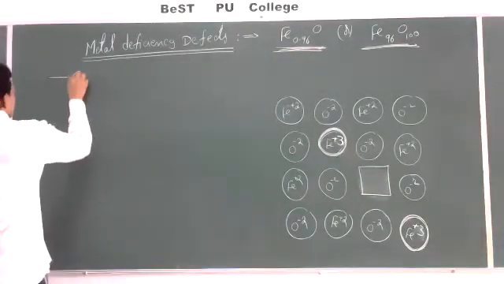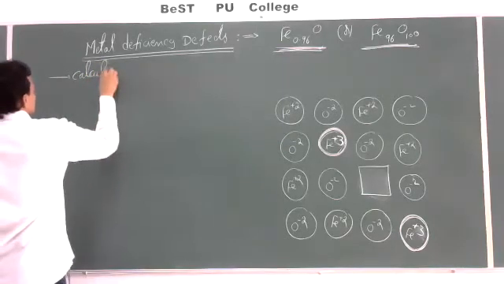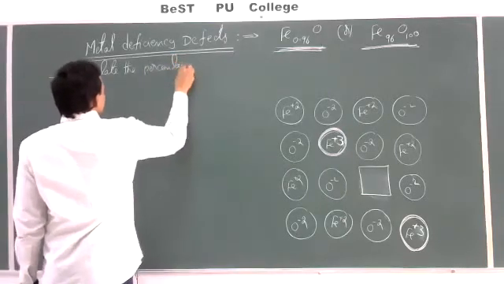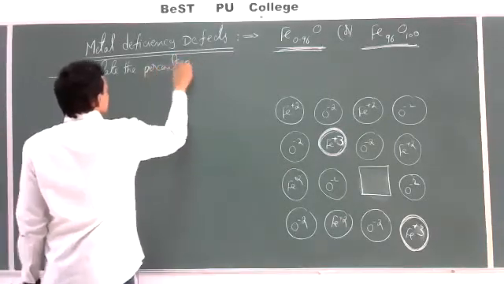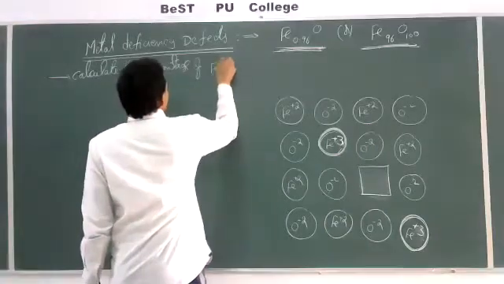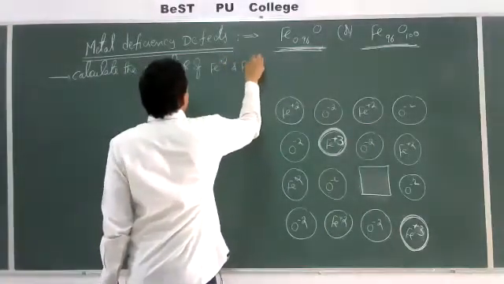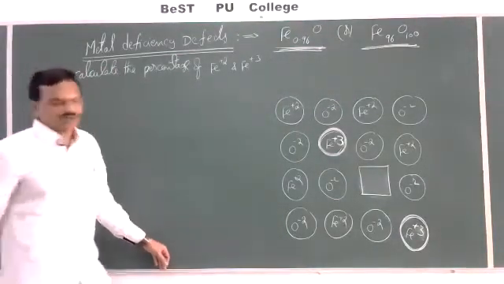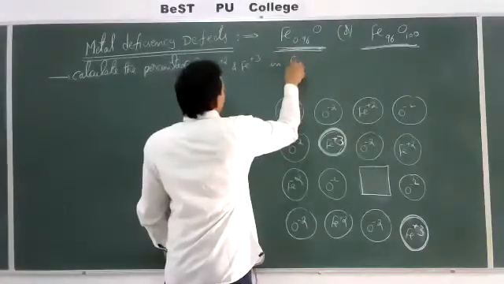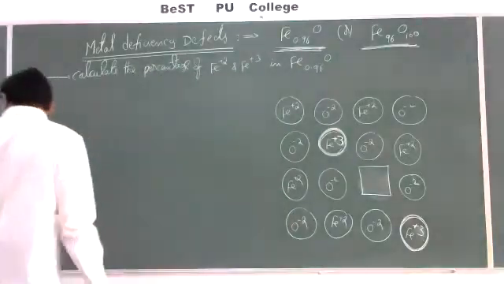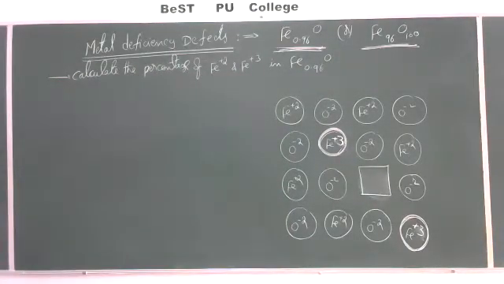The question is: calculate the percentage of Fe plus 2 and Fe plus 3 in FeO, that is, Fe 0.96 O. This is the question. Let us see how to solve it.